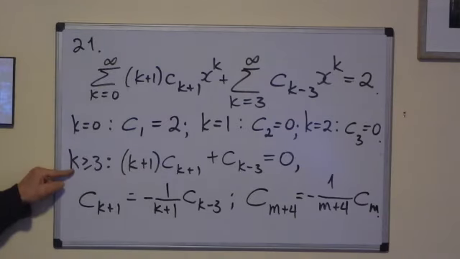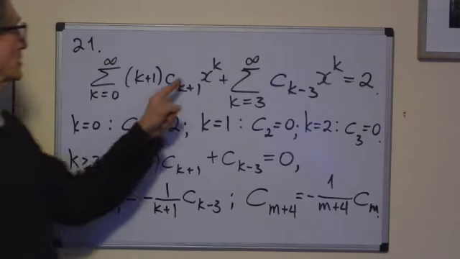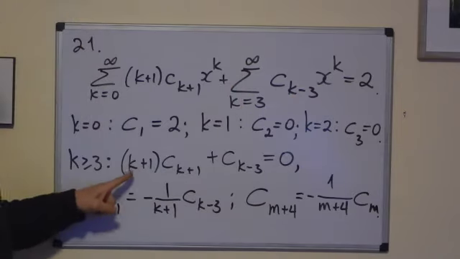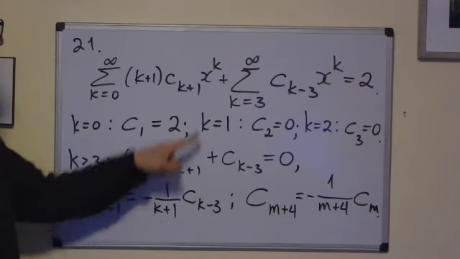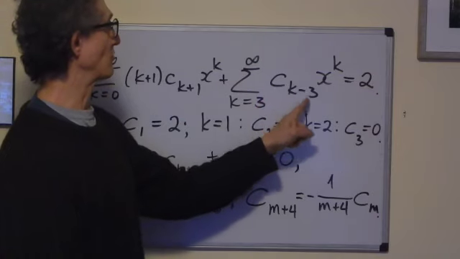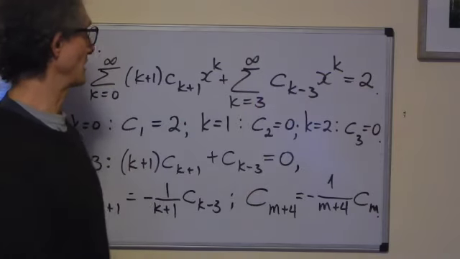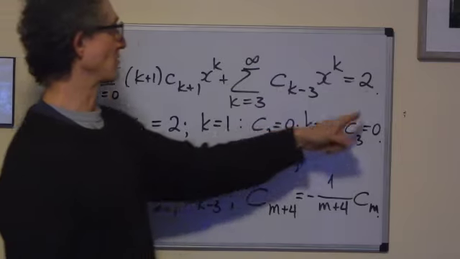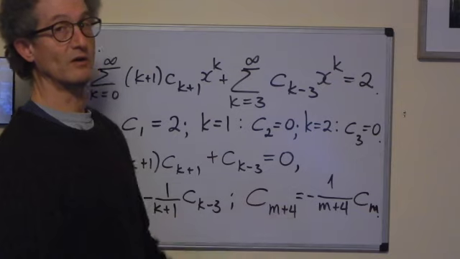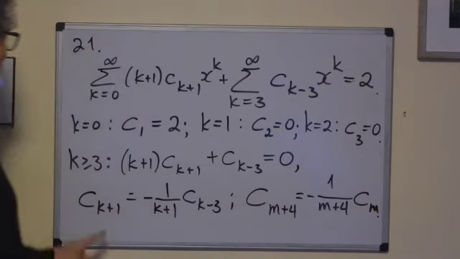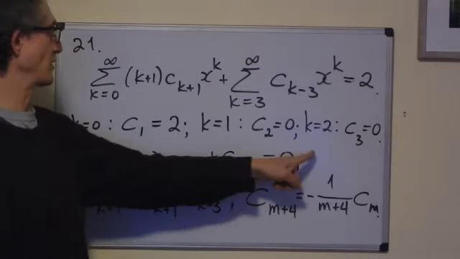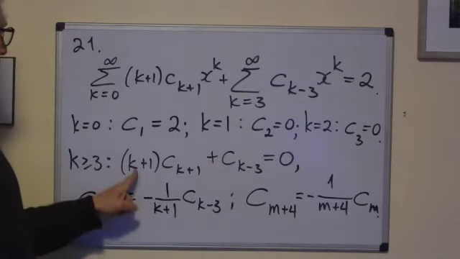Now if k is bigger than or equal to 3, then we have terms in both of these series. And so what are the terms? We have k plus 1 times c sub k plus 1 multiplying x to the k in the first sum, and we have c sub k minus 3 multiplying x to the k in the second sum. And of course on the right we don't have any powers of 3 or higher, and so we can solve for c sub k plus 1, bringing the c sub k minus 3 to the right and dividing by k plus 1.